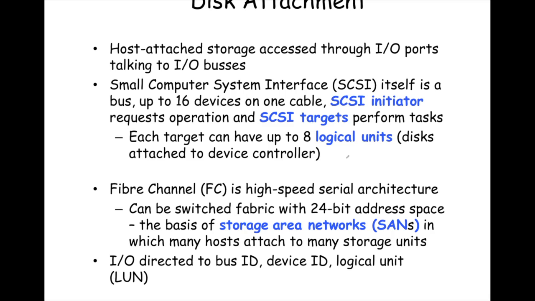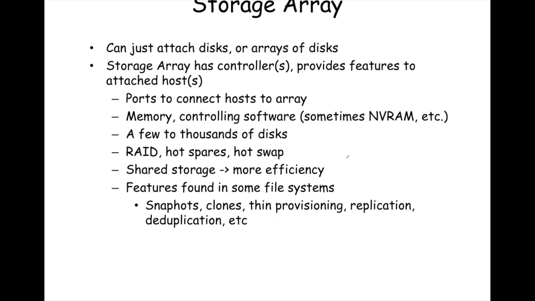And you can have many hosts on fiber channel attached to many different storage units pushing their data back and forth appropriately through these 24-bit switches. And so I/O can be directed to a certain bus, a certain device, arbitrarily using an addressing scheme that is beyond the scope of this particular course.